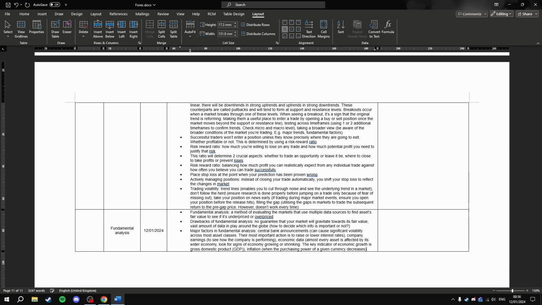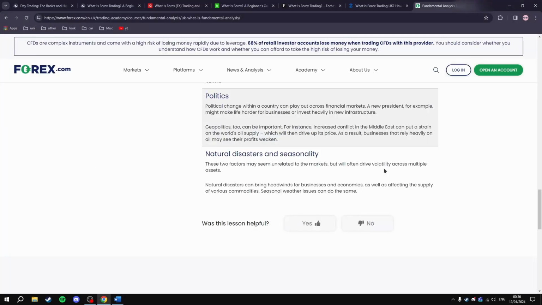Politics. Political change within a country can play out across financial markets. A new president, for example, might make life harder for businesses or invest heavily in new infrastructure. Geopolitics, too, can be important. For instance, increased conflict in the Middle East can put a strain on the world's oil supply, which will then drive up its price.